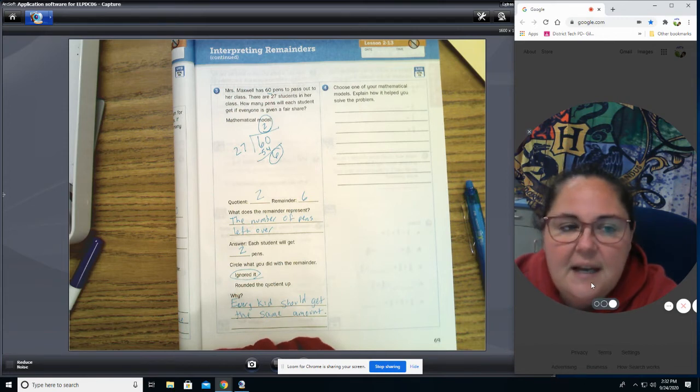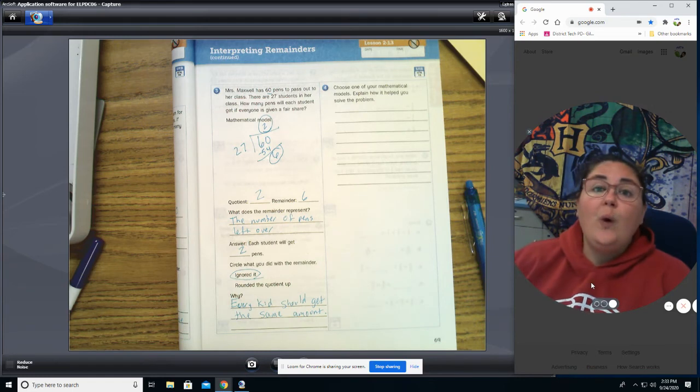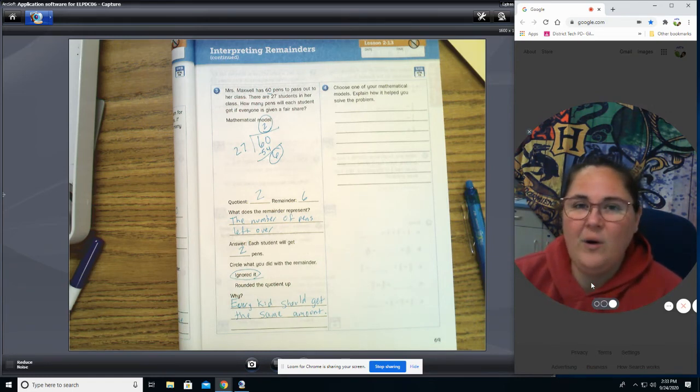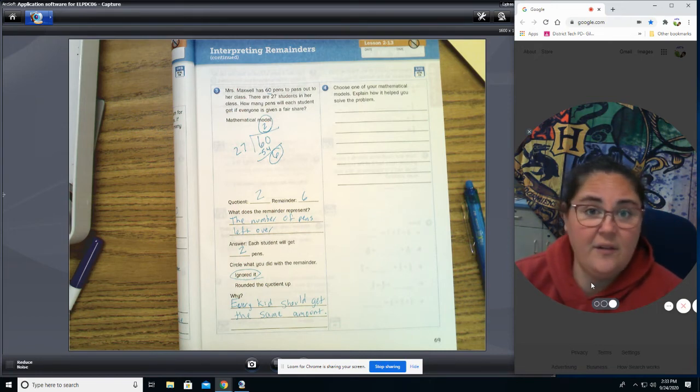All right. Finally, what I want you to understand, when you are doing division problems, think about what you would do if you were in that situation. Can I have books lying all over the floor because I don't have enough shelf space? Or should I buy extra shelves?